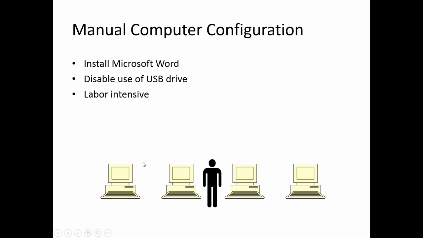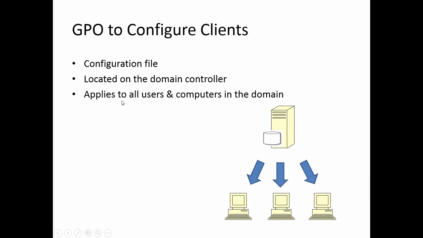So to walk to every single workstation to install Microsoft Word or to disable the USB drive or to do whatever it is we want to do, to walk around to each individual computer is awfully labor intensive and time consuming. So what we do is we use group policy.